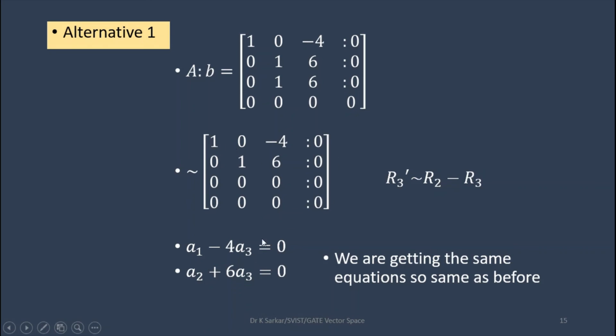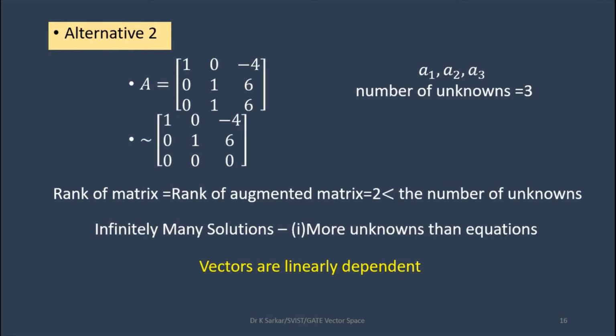So from here we can get two equations, and these equations are the same as before. So we can solve them taking free variables. In terms of the free variable, we will get the other values. You can do it yourself.